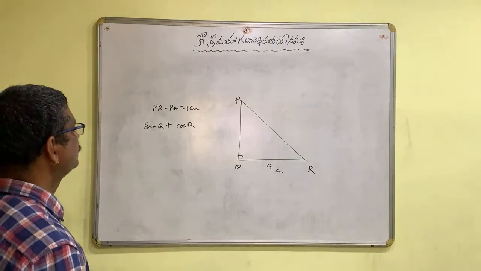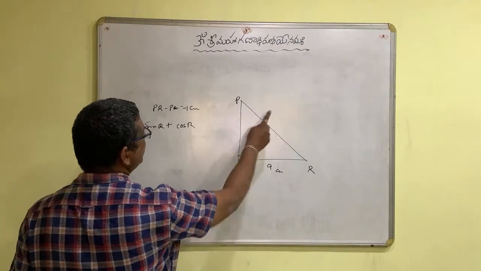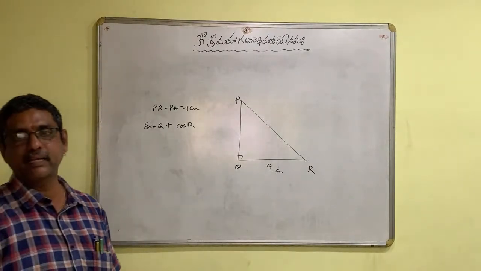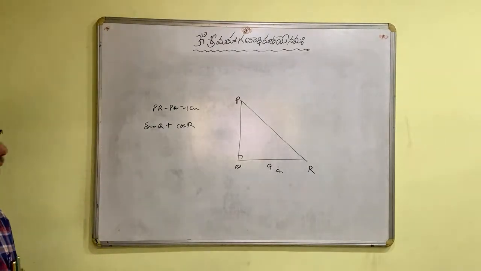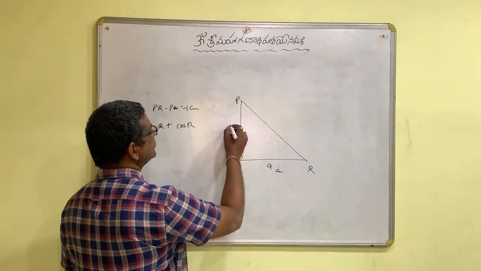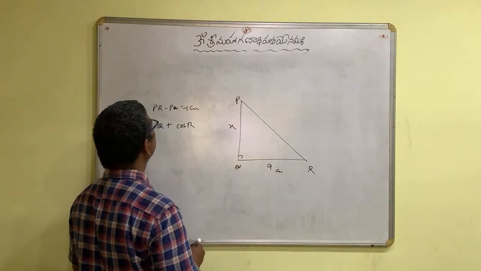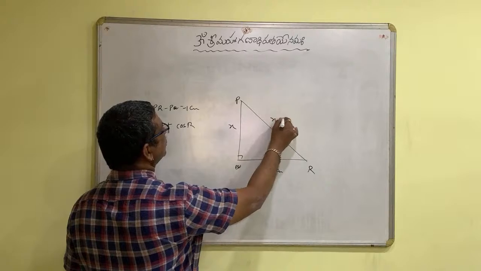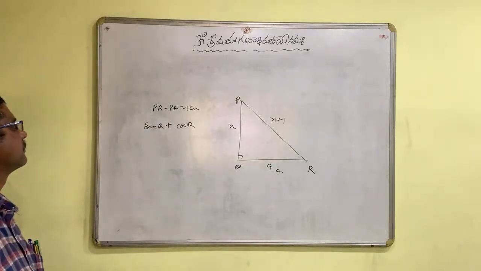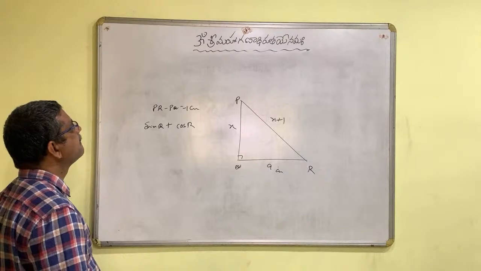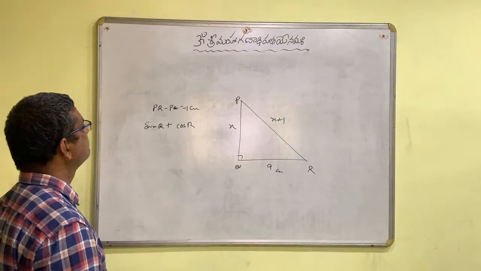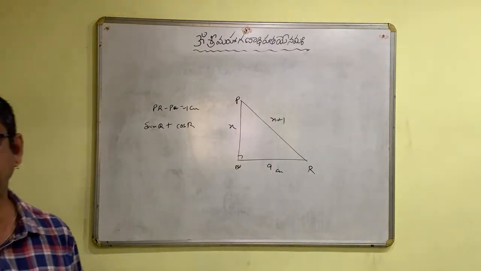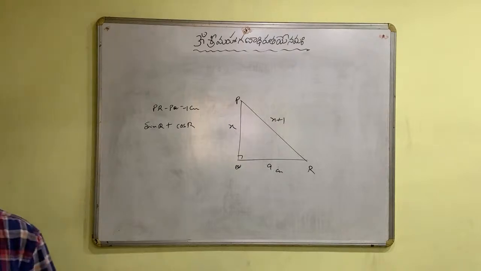See, the difference of these two sides, PR minus PQ, is given as 1 centimeter. Now if I take PQ as X, then automatically PR is X plus 1.